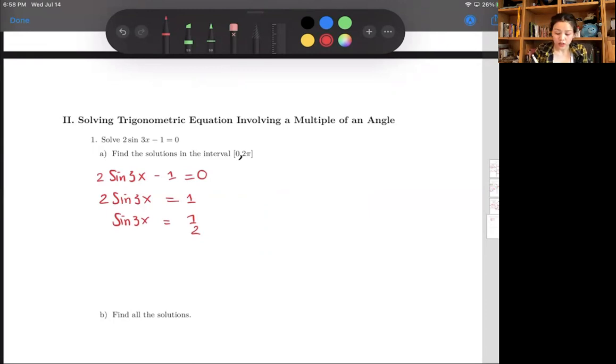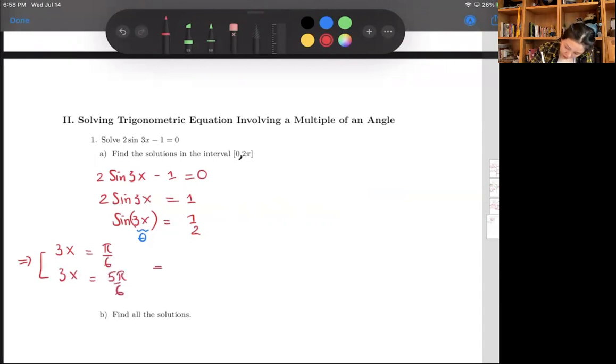Okay, so if you look at the unit circle, where is sine of 3x equal 1/2? If you're uncomfortable, you can view the 3x as theta, so where sine of theta equals 1/2. That is where theta, which is 3x, equals pi over 6, or 3x equals 5 pi over 6.